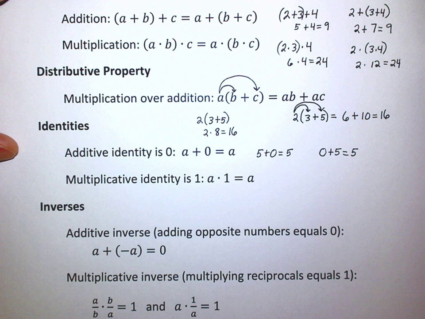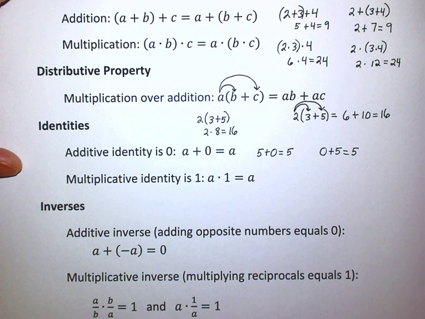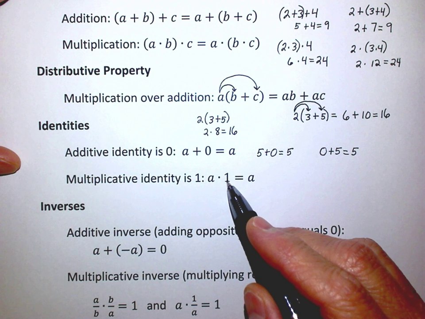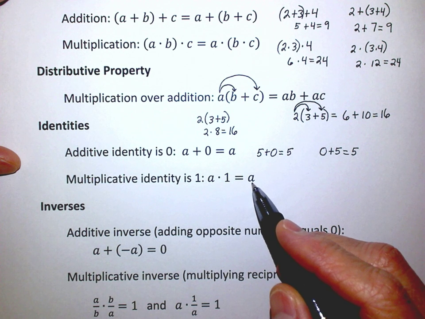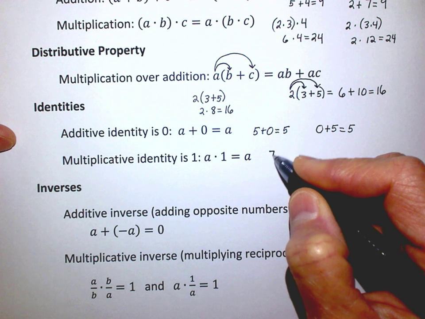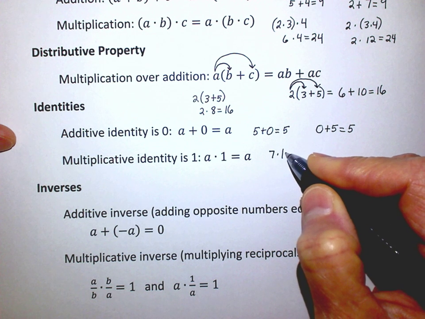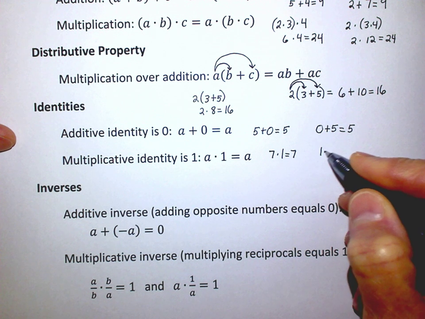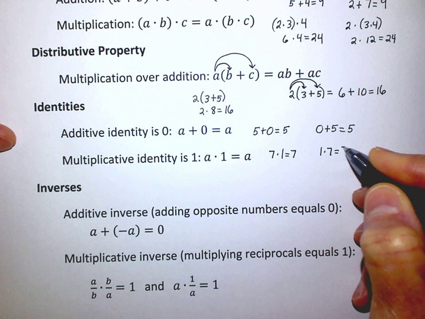So 0 is called the additive identity. The multiplicative identity is 1, because I can multiply anything times 1 and get the same identical thing. 7 times 1 is 7. 1 times 7 is 7.